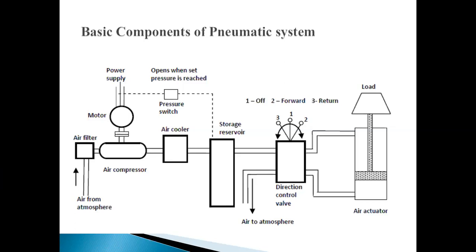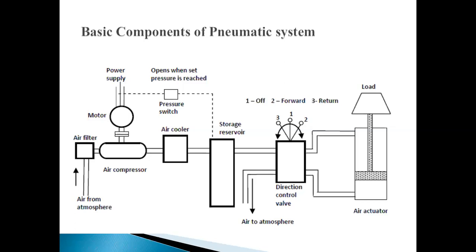There is also a storage. Here we store the compressed air, and the air in the storage reservoir comes from the air compressor through the air cooler. The air cooler reduces the temperature, not the pressure.